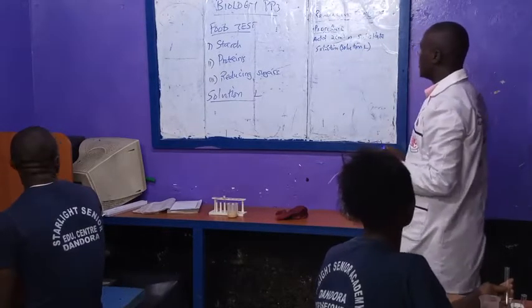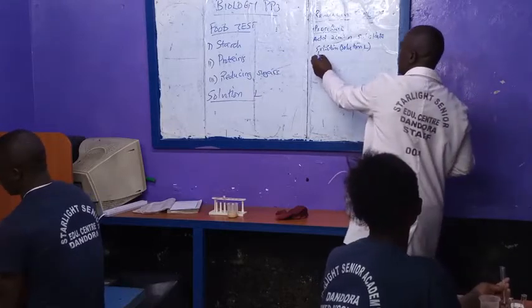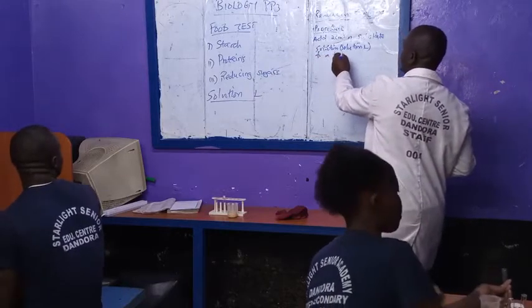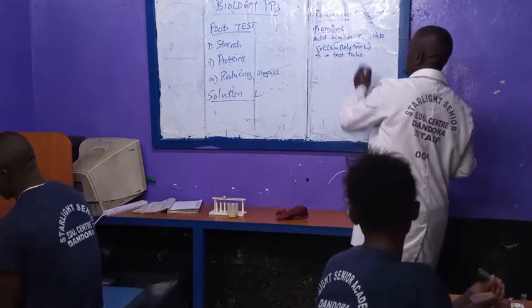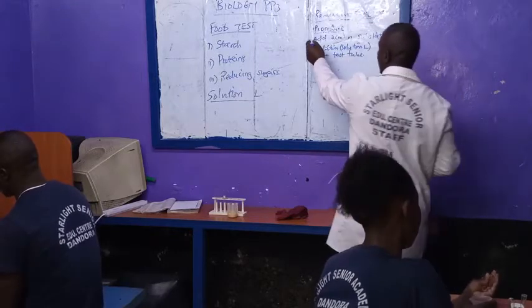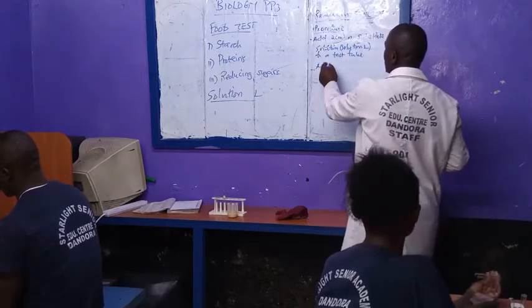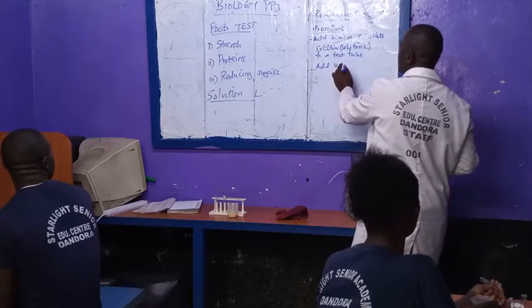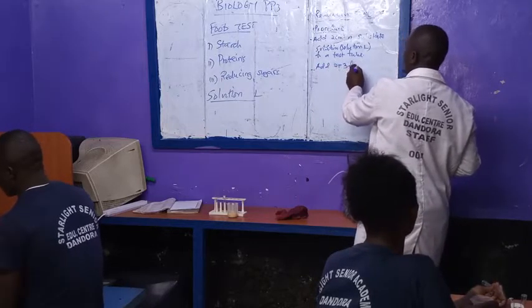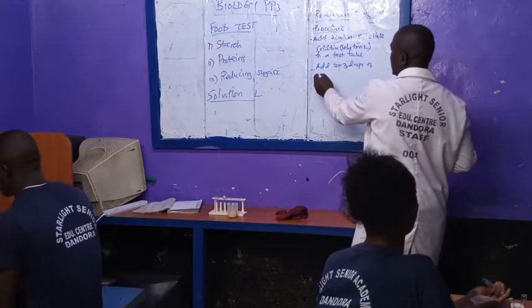So add 2 cm cubed of solution L to a clean test tube. Then you add 2 to 3 drops of Benedict solution.